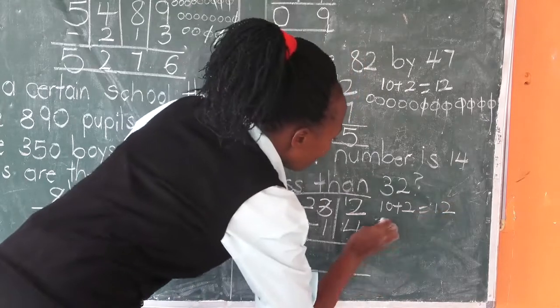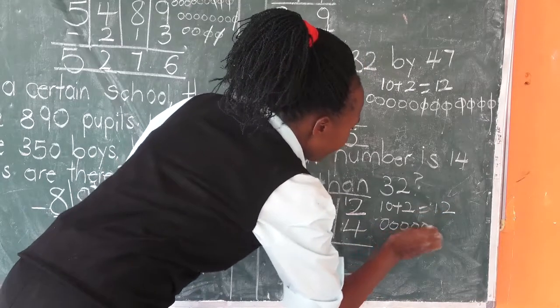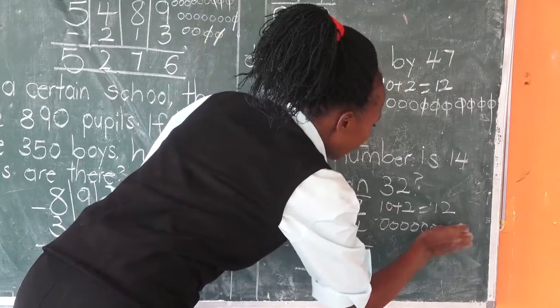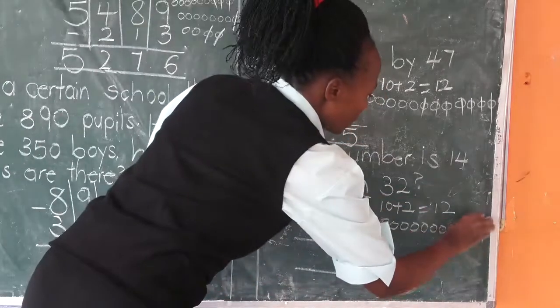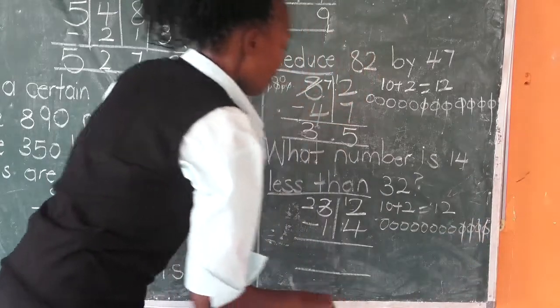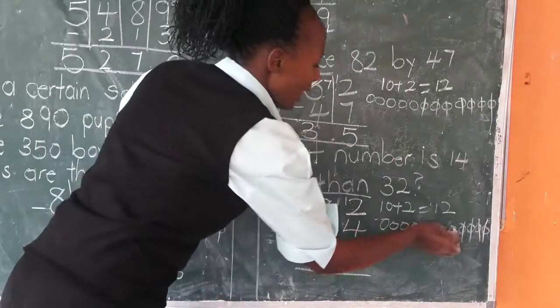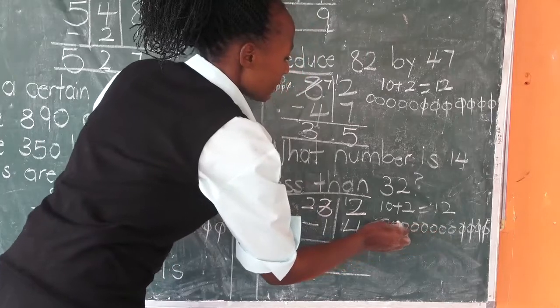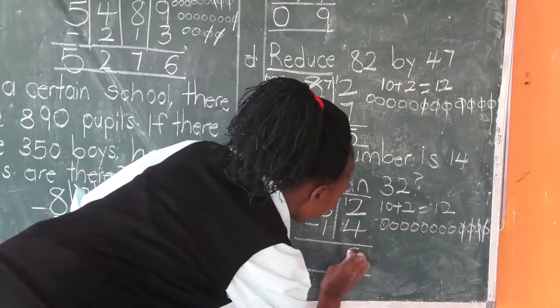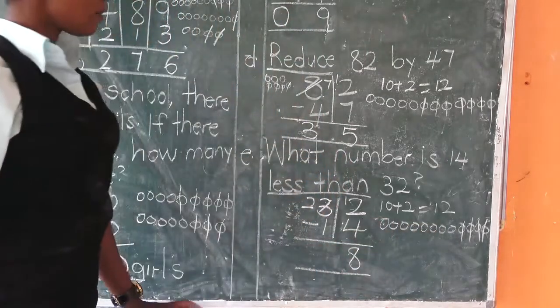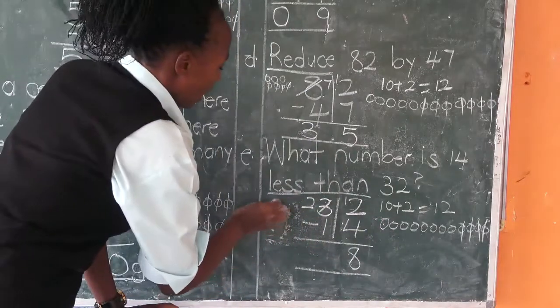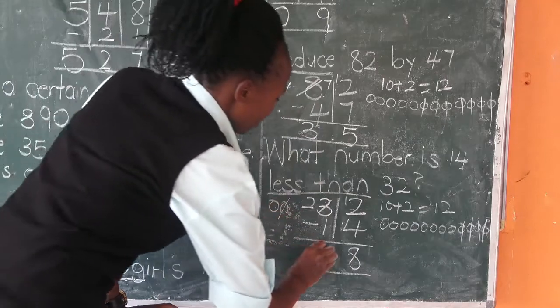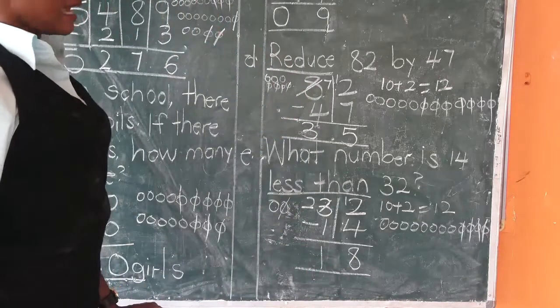Now 12, 1, 2, 3, 4, 5, 6, 7, 8, 9, 10, 11, 12. 12 take away 4. 1, 2, 3, 4. How many have you remained with? 1, 2, 3, 4, 5, 6, 7, 8. Then we come to tens, we have there 2 take away 1. 1, 2. You remained with 18.